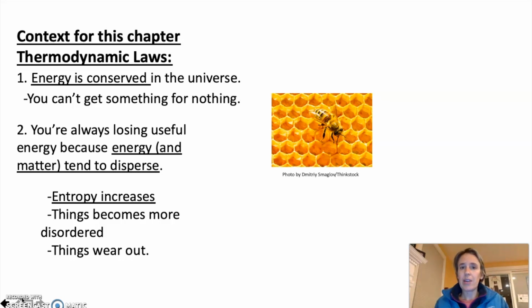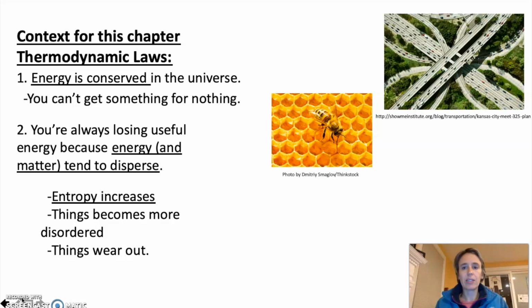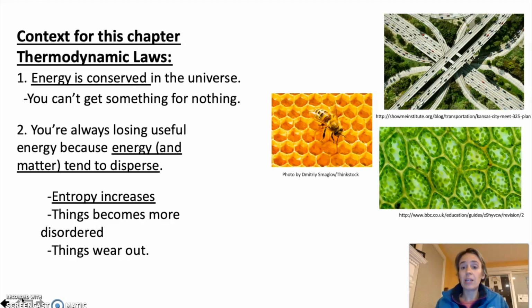Now, this also might be counterintuitive because there's a whole lot of really organized structures in the world, in the natural world and in the human world. From a bee's honeycomb to the buildings and highways that we build, to cells in plants and the things that they can do. Furthermore, how plants grow by taking in carbon dioxide from the atmosphere, which as a gas is really dispersed.